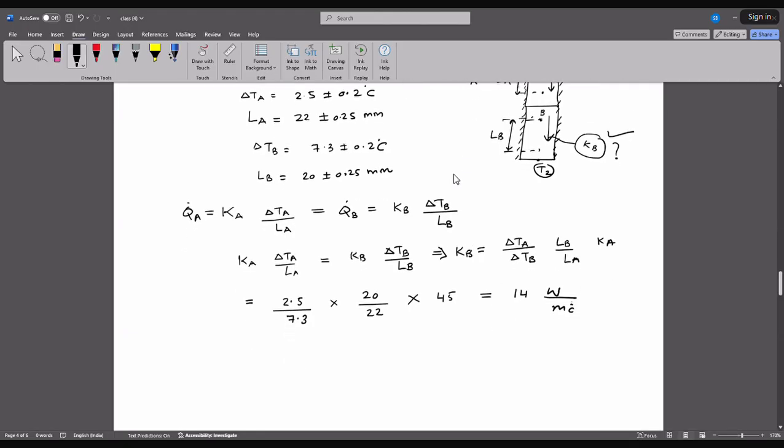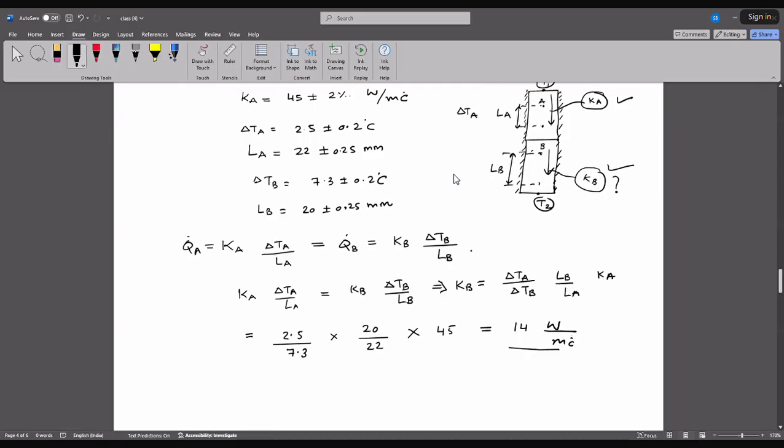Okay. Now we have to find the uncertainty in the thermal conductivity Kb that we just found. The uncertainties are given in all four things: Ka, La, delta Ta, and you have delta Tb also and Lb.